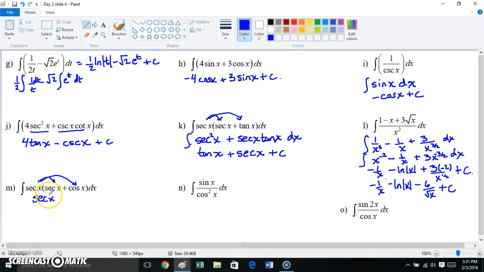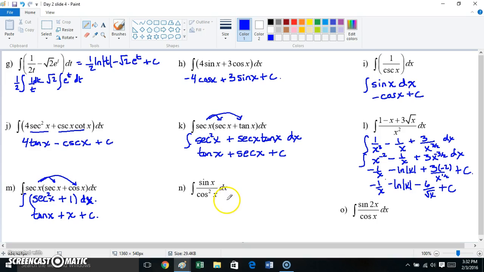Secant of x times cosine of x, and secant and cosine are reciprocal functions, so their product is 1. All right, secant squared of x, we can antiderive with the tangent of x, and 1. Antiderive 1, you get plus x, plus c.